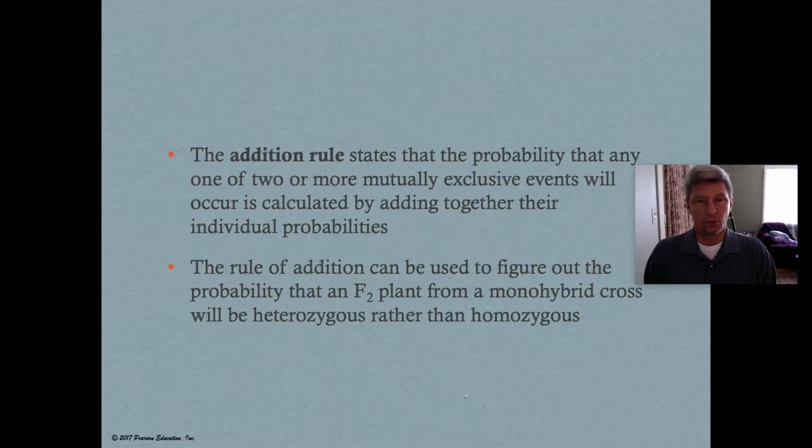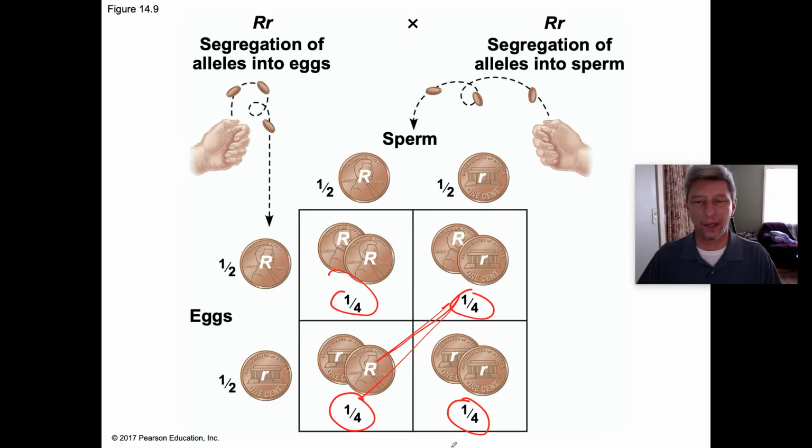Now, the addition rule states that the probability that any one of two or more mutually exclusive events will occur is calculated by adding their individual probabilities together. And so that rule of addition can be used to figure out the probability that an F2 plant from a monohybrid cross will be heterozygous rather than homozygous. I kind of illustrated that in the previous slide. Let's go back. Notice 1/4 plus 1/4 gives you 1/2.